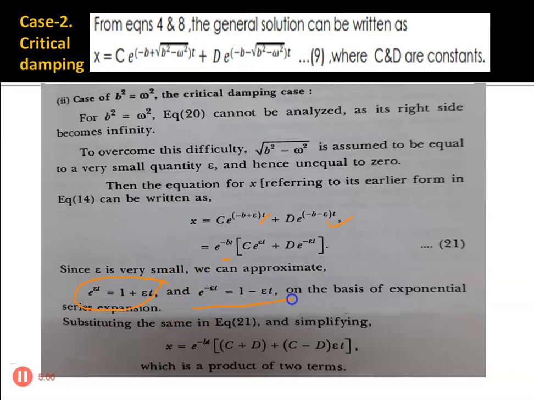So e power minus epsilon t will become 1 minus epsilon t. Substituting in this factor and solving, we get e power minus bt into (c plus d plus epsilon t into (c minus d)). This is the general solution for the damped oscillation in the condition in which b square is equal to omega square. Right?